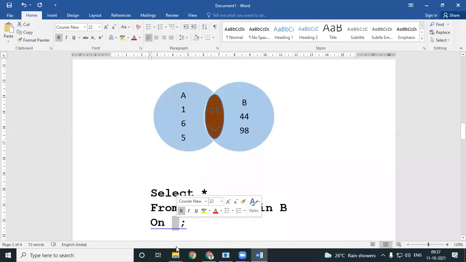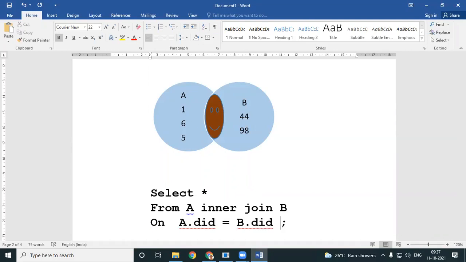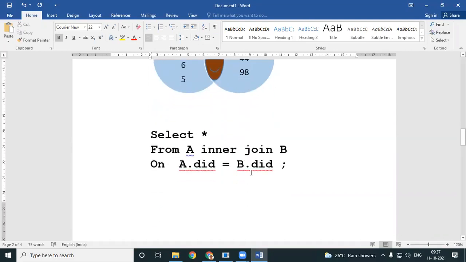You will be writing the related field. Like, let's say in A, you have a field called DID, which is the primary key. And in B, you do have a field which is DID, which is the foreign key. So, on this on portion, you will be writing the relationship between the primary key and the foreign key.